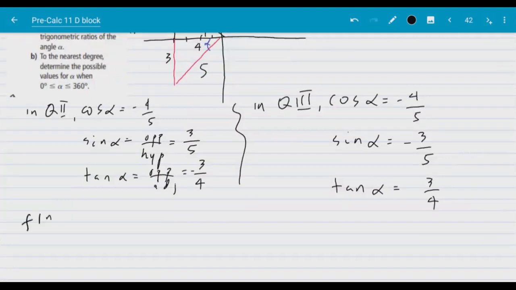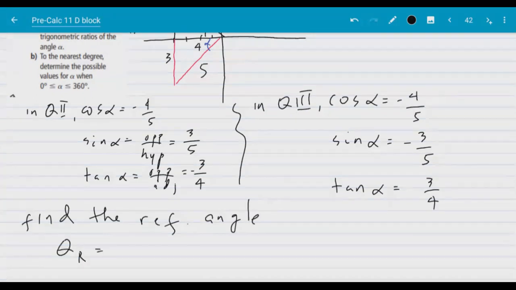Find the reference angle, okay? The reference angle, meaning theta reference. Now, how do you do this again? You can use any of these trig ratios. You can use this, you can use this, you can use this. All right.